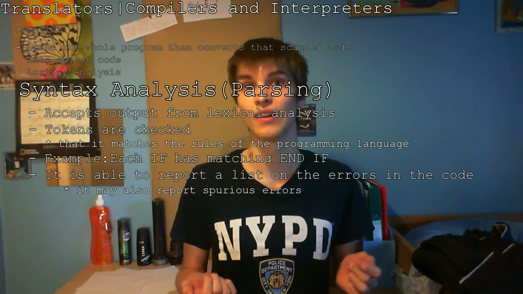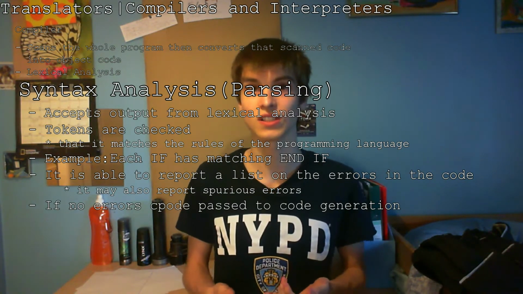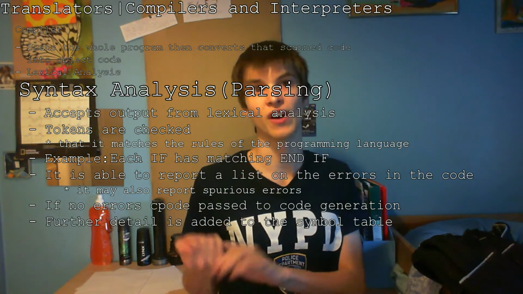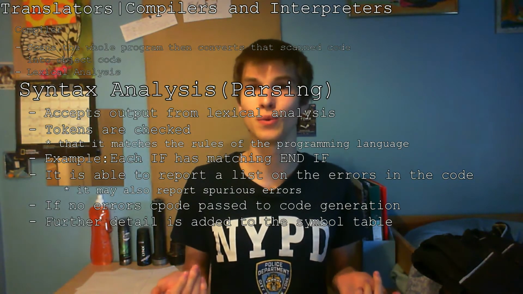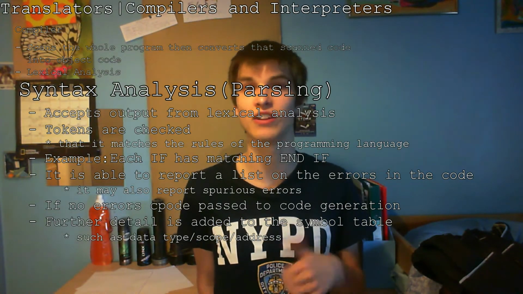But if there are no errors, the code is then passed on to the code generation. Further detail is added to the symbol table, such as data type, the scope, and the address.